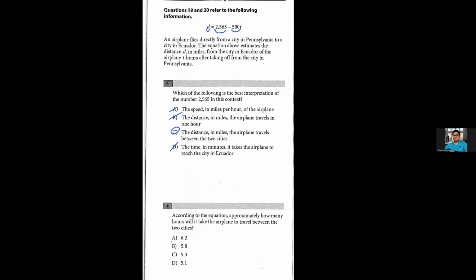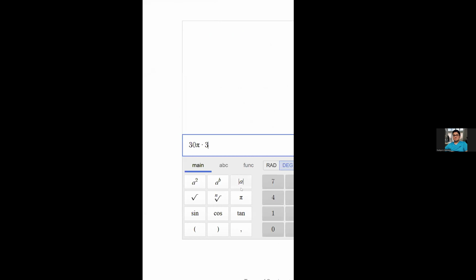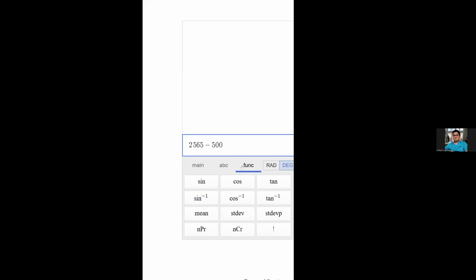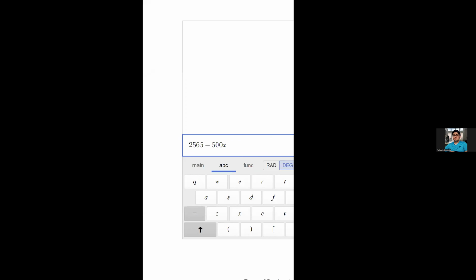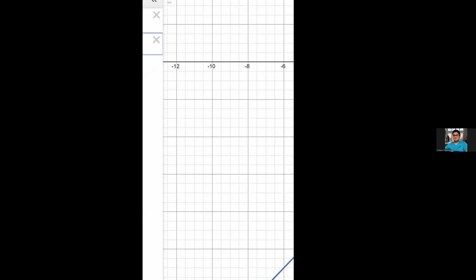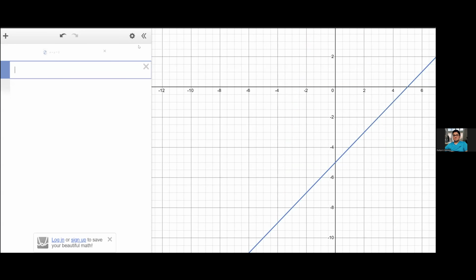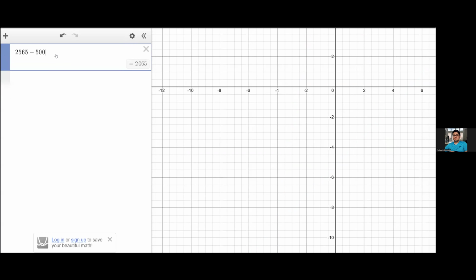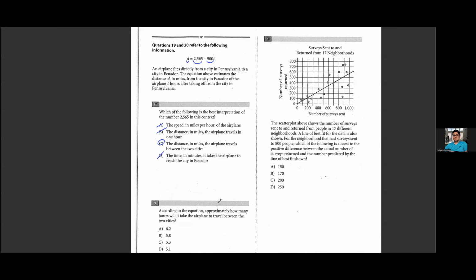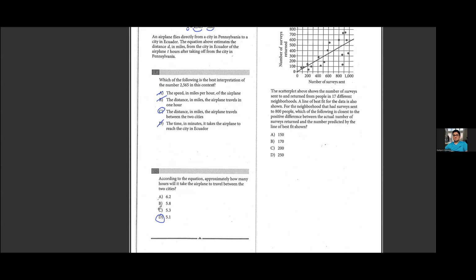So we have 2,565 minus 500 x. All right, we're going to do it in the graphing calculator, right? Which would get us 5.13. So the correct answer is answer choice D.